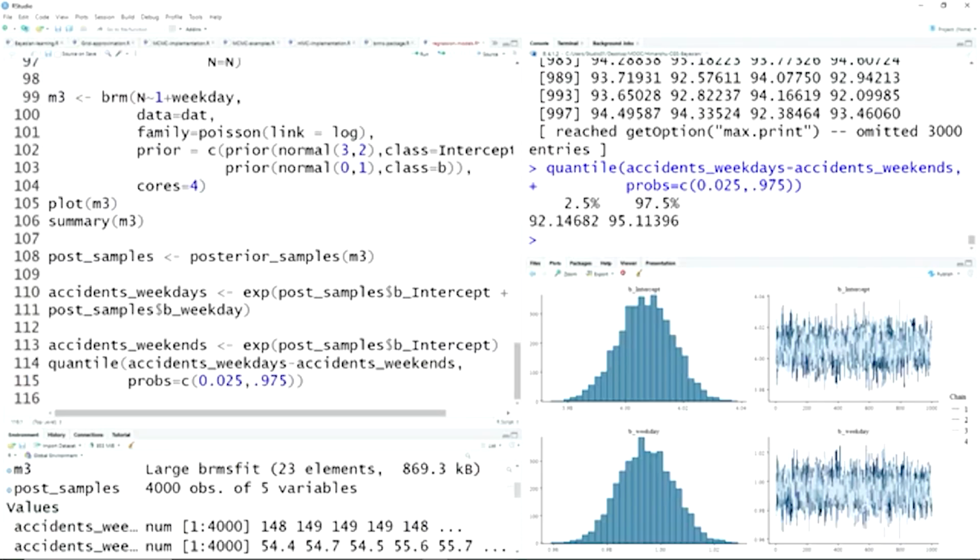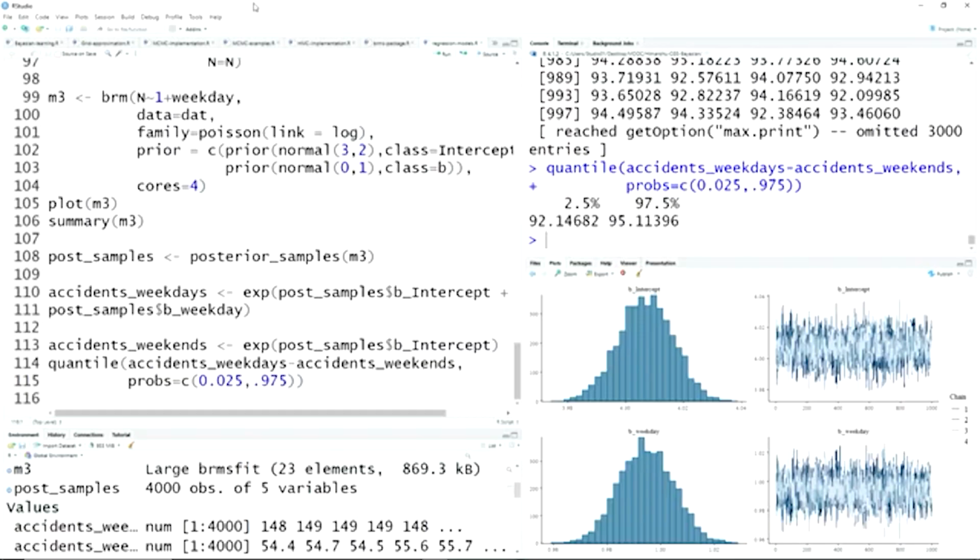So this number shows you the actual difference of lambda between weekdays and weekends. It's not on log scale anymore; it's the actual scale of the parameter lambda, which is the underlying rate of road accidents. This is called back transformation. The model was set up in a particular way because we applied some transformation on our parameter. Now we have back transformed it to get the actual value of the parameter.